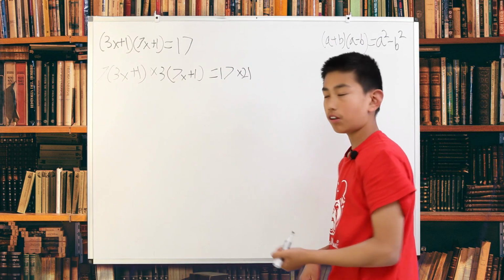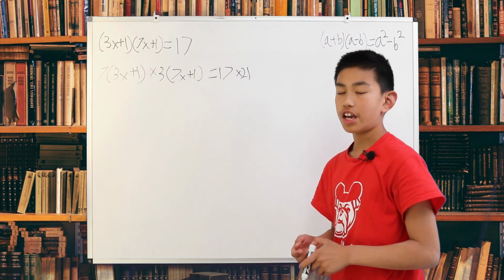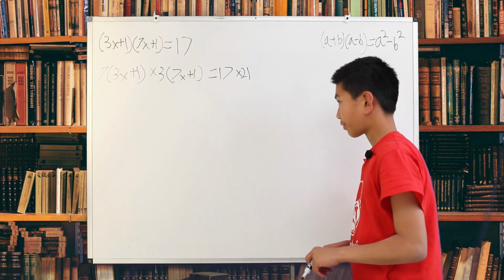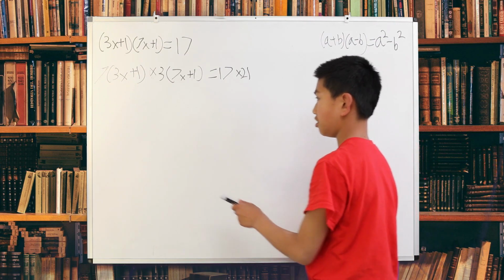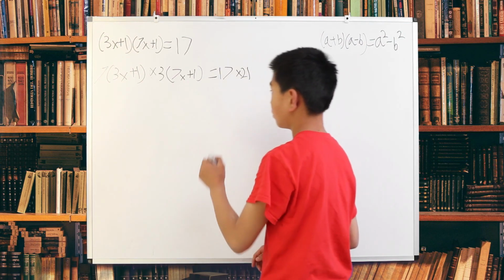And we don't solve for this right away because we're going to need that later. And if we do, it's going to take up a lot of time. But yeah, as you can see, 7 times 3, 21, they're the same.